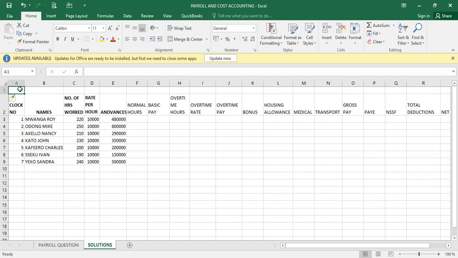And we call it a payroll, give it a title: payroll for the month of September 2020. That's what they had given us. So you can highlight this one.